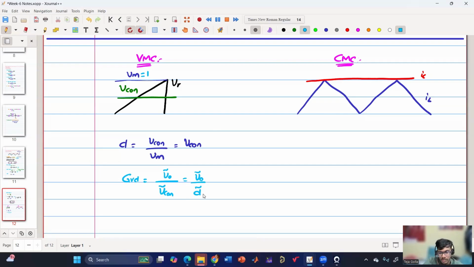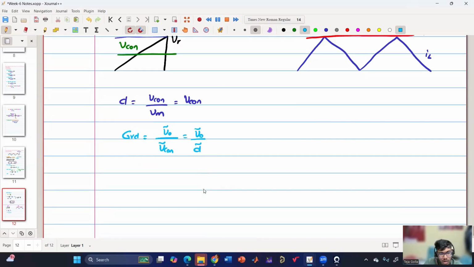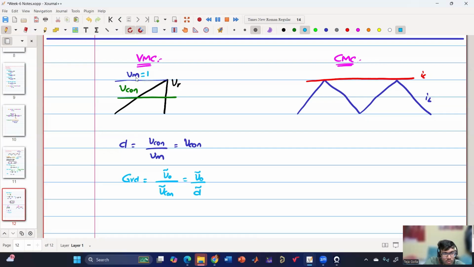Usually we denote control to output transfer function as GVC. In the case of voltage mode control, Vcon will become D when Vm is 1, when the ramp is having a voltage of 1. So V0 by D perturb is nothing but our control to output transfer function. Whereas in the case of current mode control, our control input is the reference, because here we are comparing the inductor current with IC.